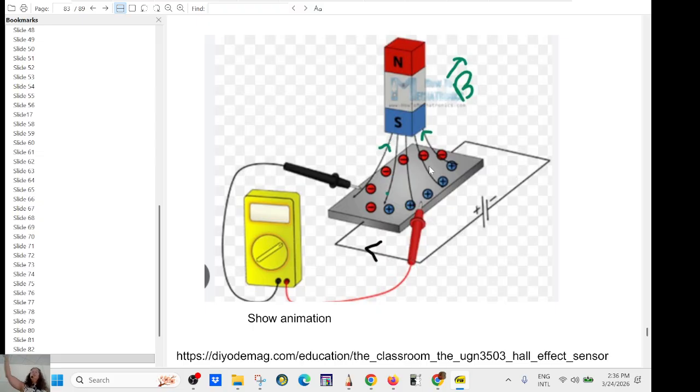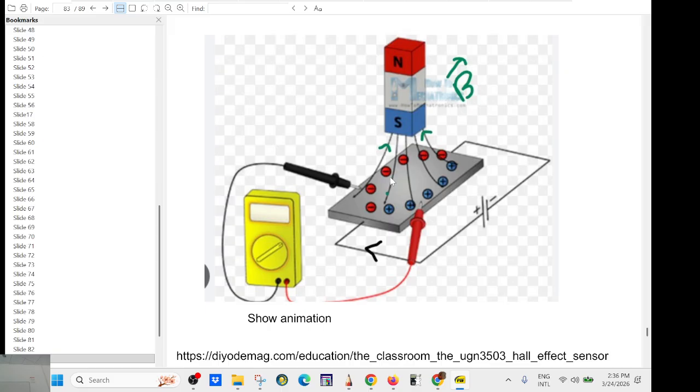So you can use your right hand to show that positive charges will be pushed in this direction, negative charges will be pushed in that direction. Okay, let's try to do that. Use your right hand. The current is going this way. Magnetic field is going that way. Yes. So the positive charge is going to move to this side here.